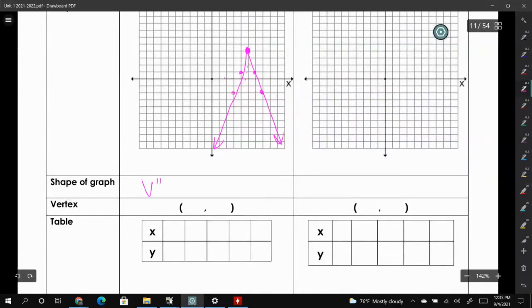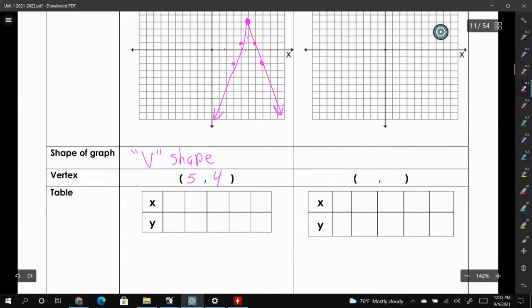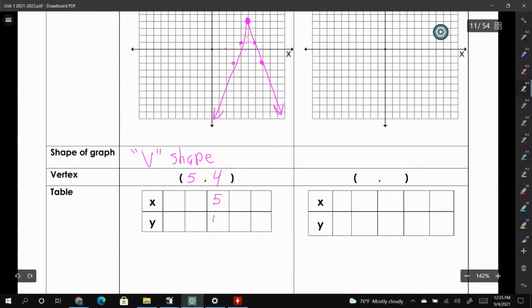And again, this was a V shape. Our vertex was at 5, 4. And for the table, we can put the vertex in the middle. And then the x values are going to go down by 1 and up by 1. And we can see from our graph that the y values are going down by 3.